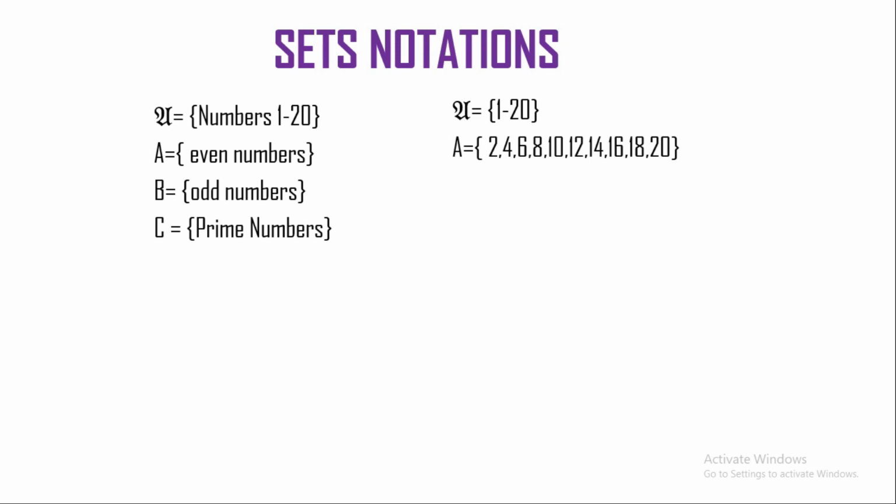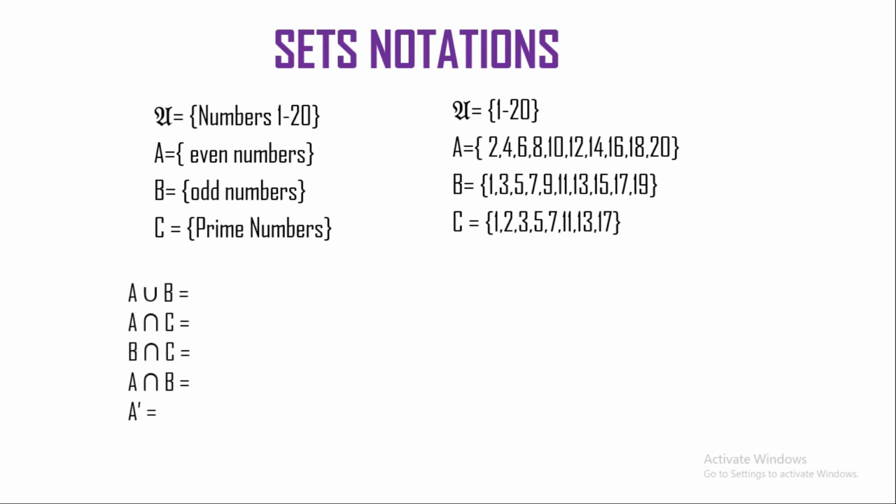Set B should be the odd numbers, and the prime numbers are the numbers that can only be divided by one and itself, and that's 2, 3, 5, 7, and so on. It should end at 19. 19 is part of them.